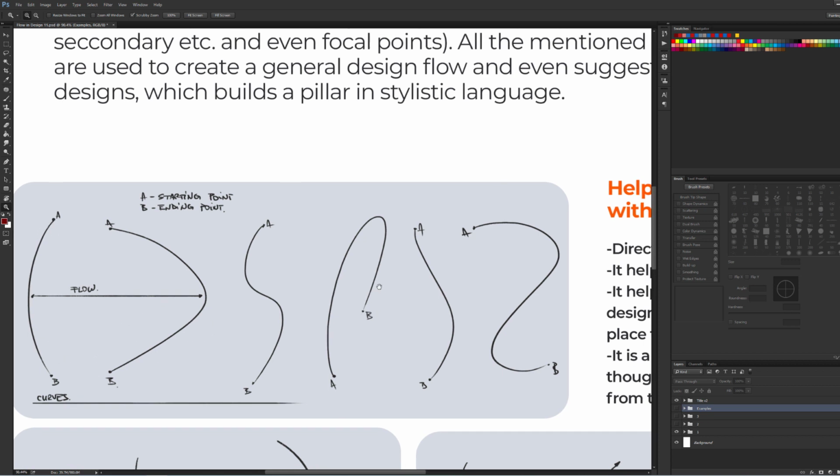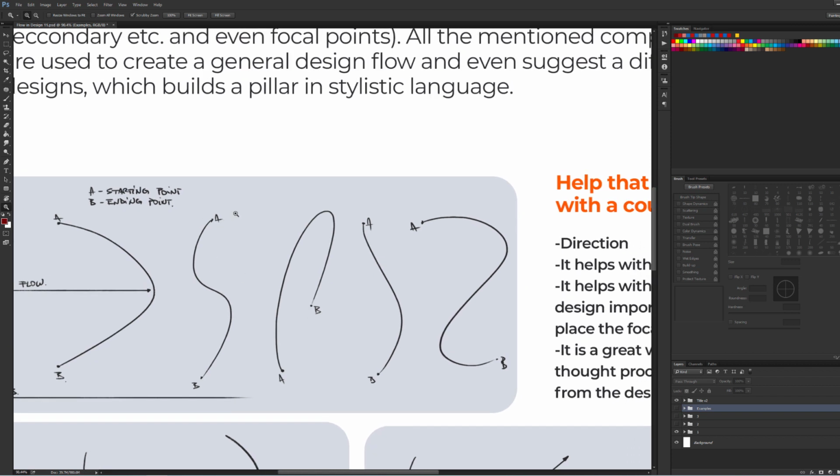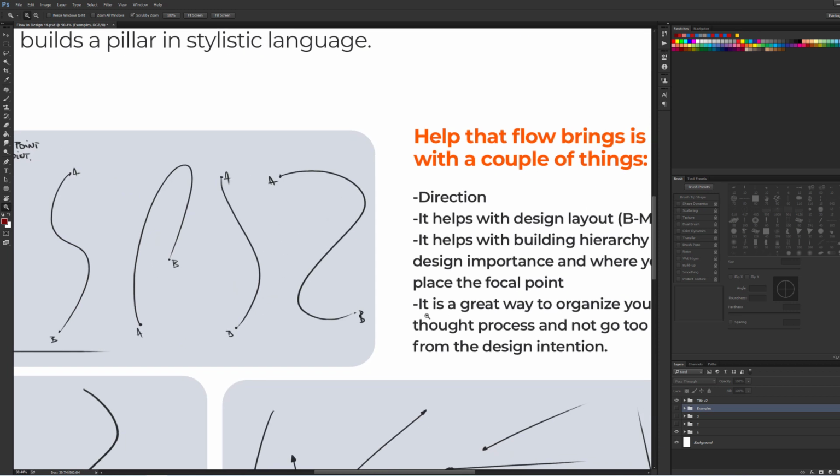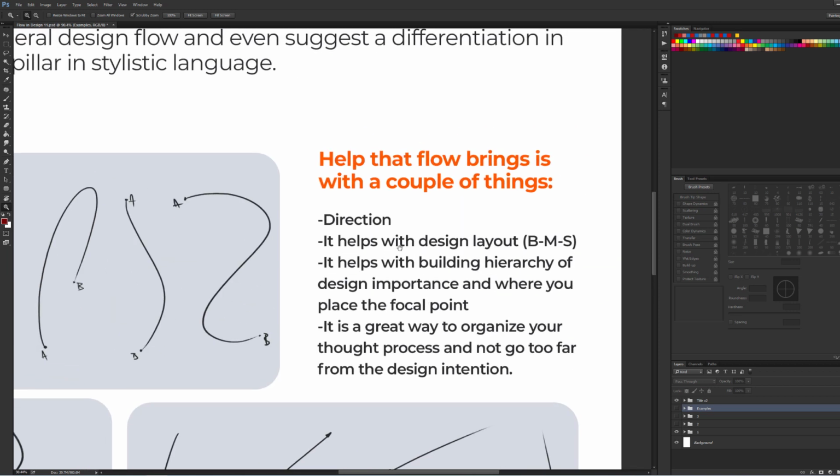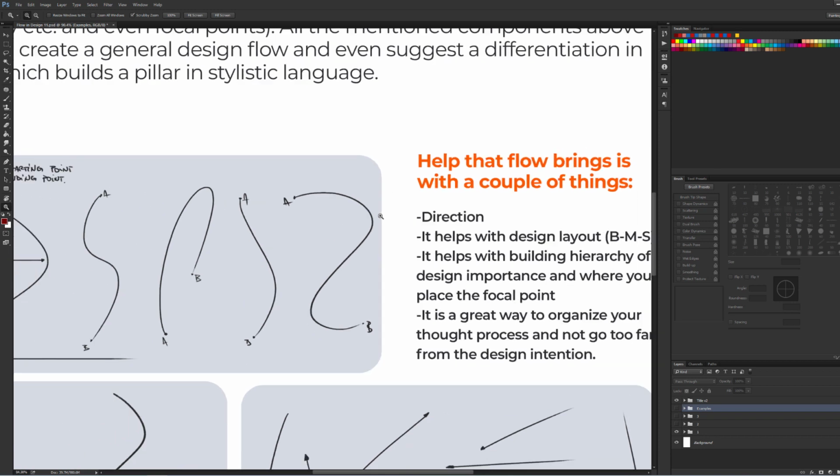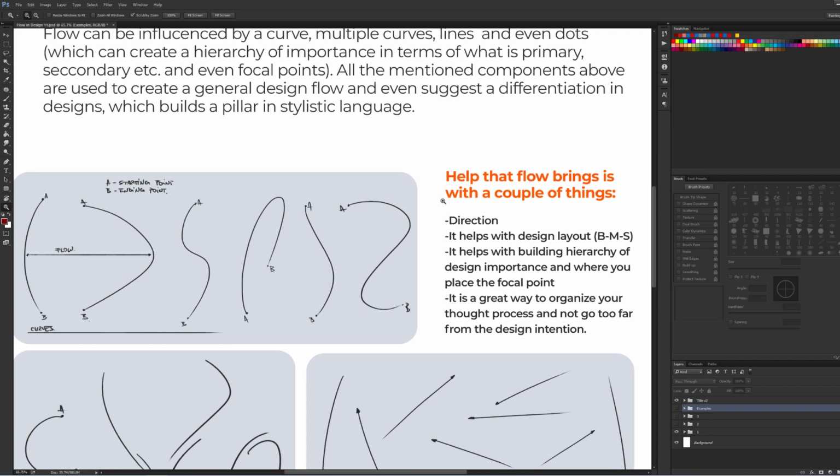We have various types of curves, like an S curve, a sort of inverted U curve, a very different S curve, like an opposite S curve. It helps you understand that these types of curves help with certain areas.